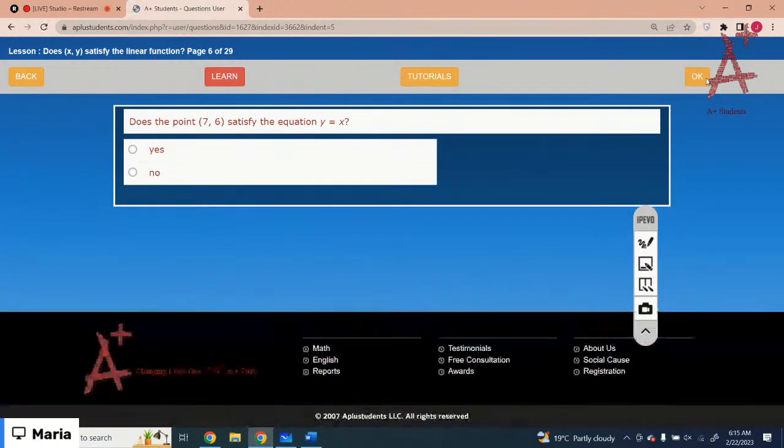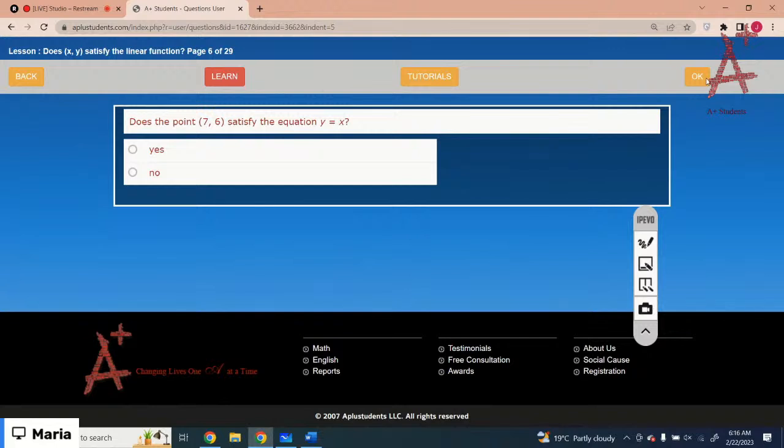Okay, the next one is, does the point (7, 6) satisfy the equation? Yes or no? No, it doesn't satisfy the equation. Got it?